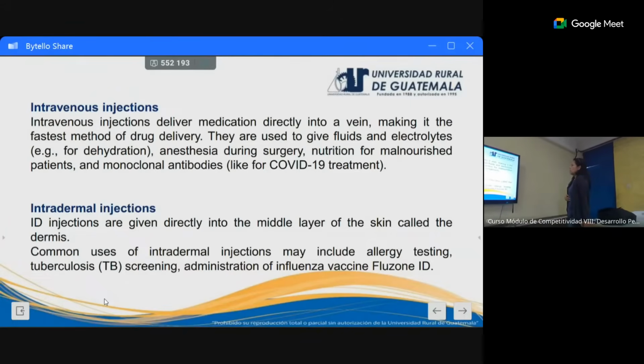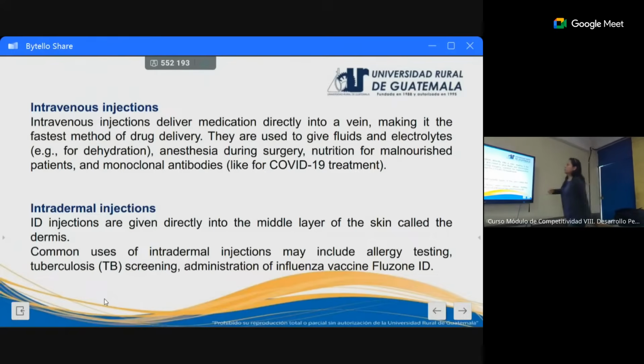They are used to give fluids and electrolytes, for example for dehydration, anesthesia during surgery, and nutrition for malnourished patients. Remember we talked about nutrition last week? And also monoclonal antibodies like COVID-19 treatment. So that's why it is called the intravenous injection.